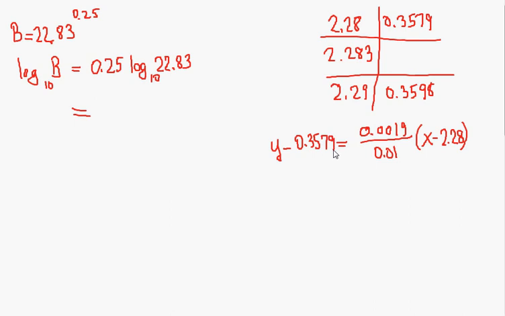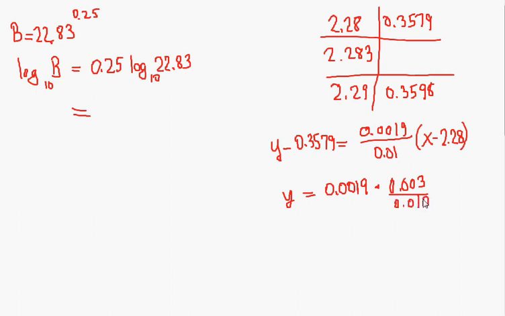Okay, now I plug in x is equal to 2.283. So plugging in, we get that y is equal to 0.0019. Then when I multiply by this, 2.283 minus 2.28 is 0.003, and I divide that by 0.010.